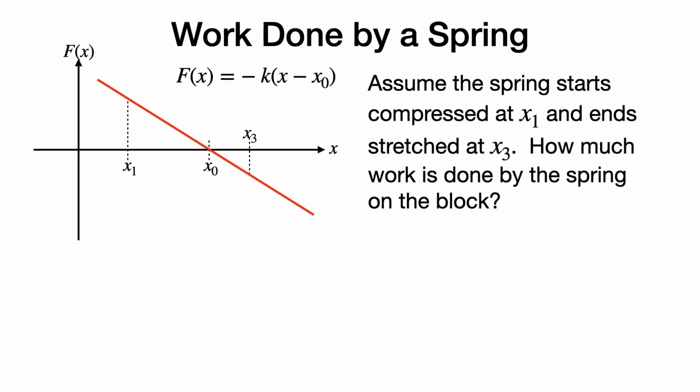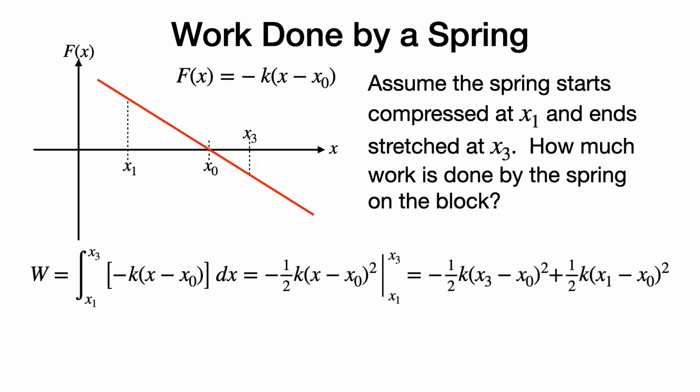Now let's consider the work done by a spring. Assume the spring starts compressed at x1 and ends stretched at x3. How much work is done by the spring on the block? Well, we write out the work, which is the integral from the initial position x1 to the final position x3 of the force, which is minus k times x minus x naught, times the infinitesimal displacement dx.